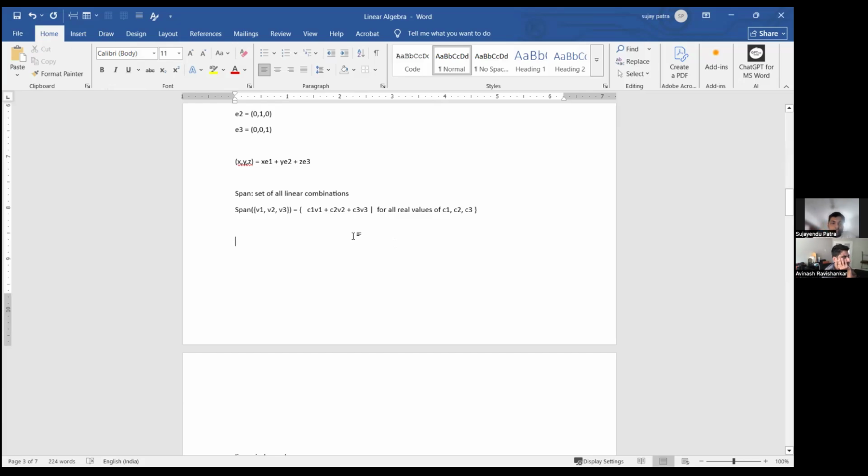So that's why span is basically anywhere you are trying to fit something. And then we have a concept which is linear independence. We say that the collection is linearly independent if no nontrivial combination gives the zero vector.